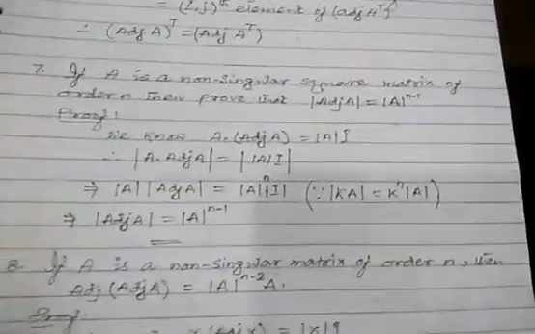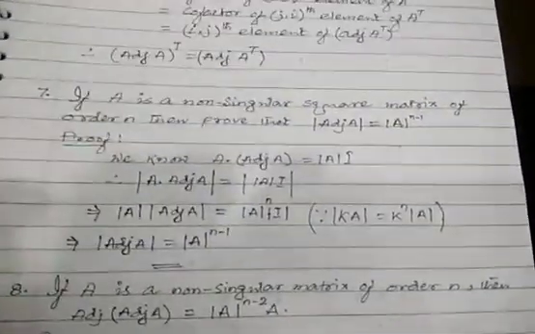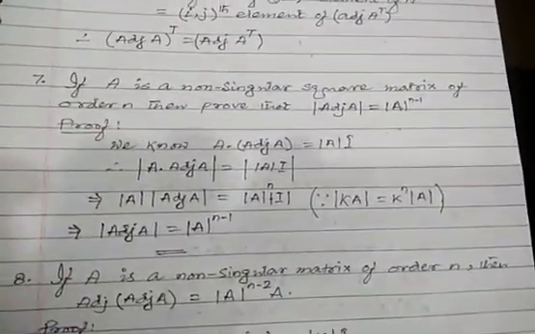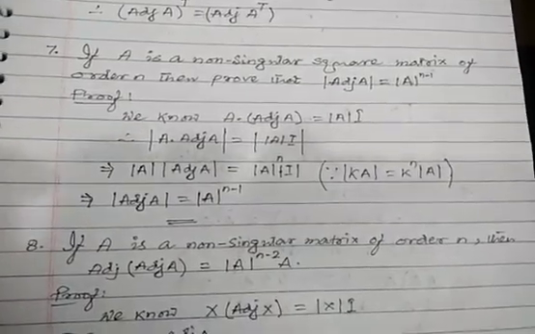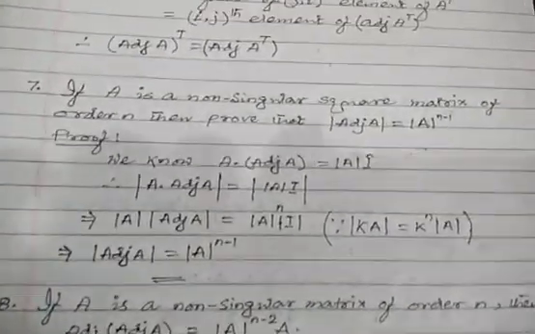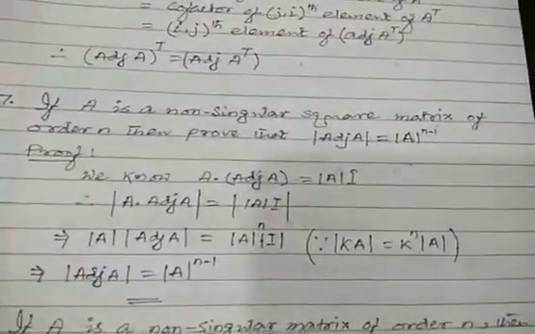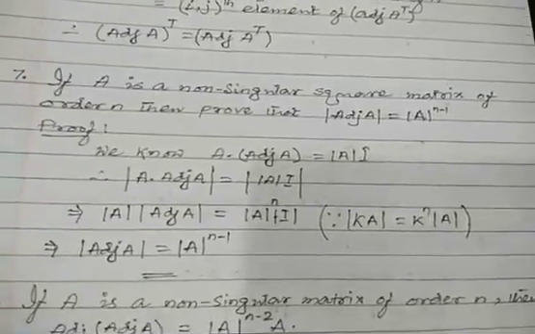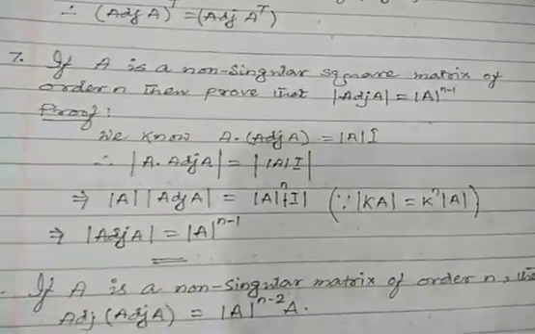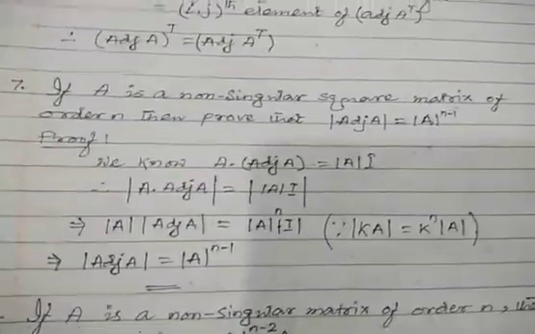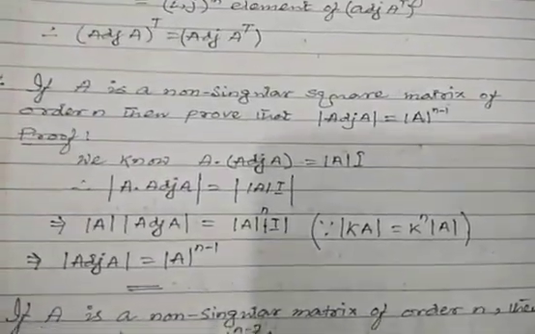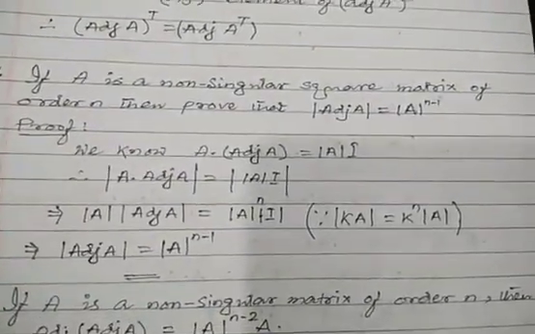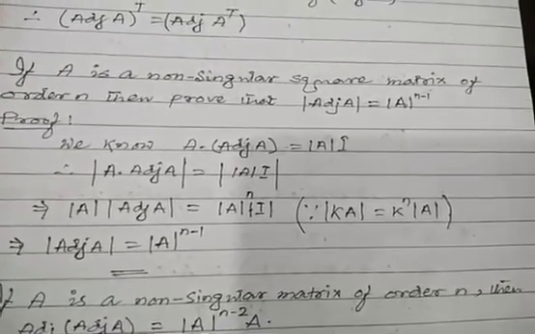We know A into adjoint A is equal to determinant A into I. If we take the determinant value on both sides, the determinant of A into adjoint A is equal to the determinant value of determinant A into I.